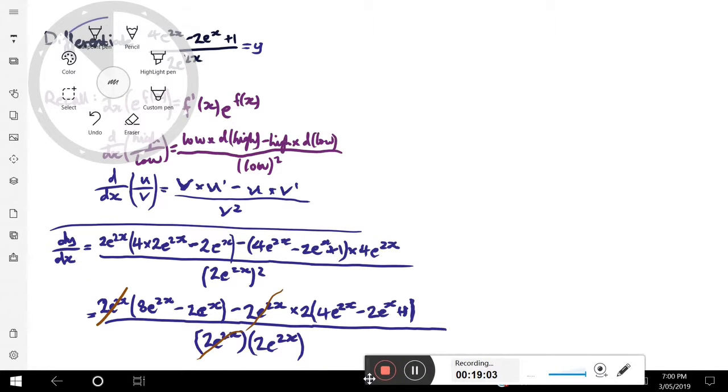So this one will turn out to be dy/dx. We cancelled out the 2e to the 2x, so it's just 8e to the 2x minus 2e to the x minus, okay, so 2 times 4e to the 2x is 8e to the 2x.